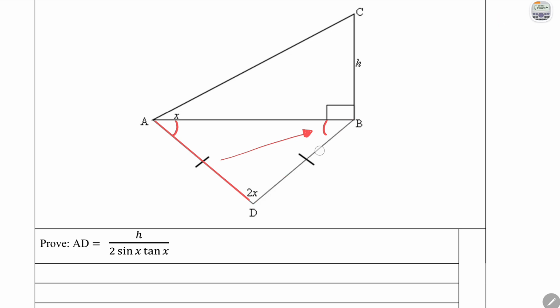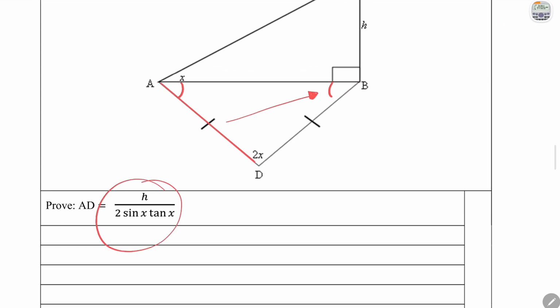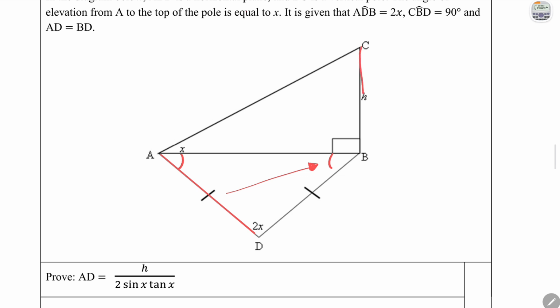Now at this point, we can just look at what we have here. Notice how we have h. So h comes from this triangle, so somehow this is involved. We have to get that. The only way to include h in this triangle is if we were using h so that we could find AB.